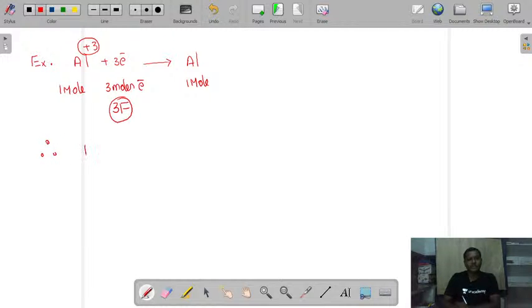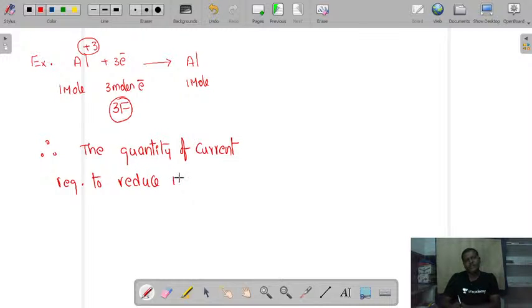Therefore, the quantity of current required to reduce 1 mole of M^n+ ions is equal to n Faradays.